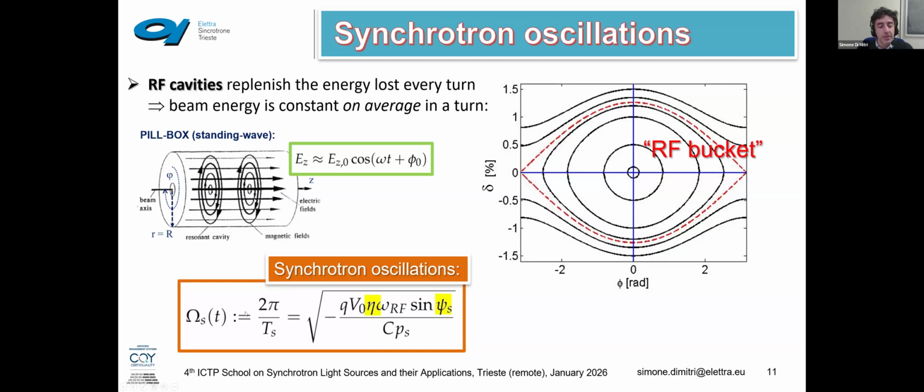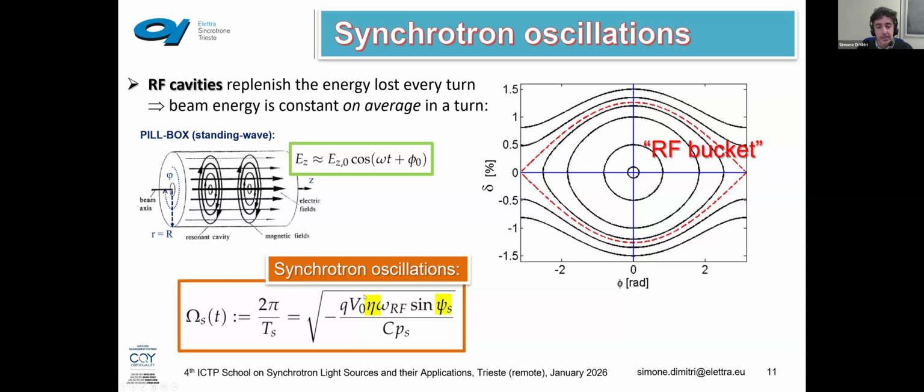This oscillation can be parameterized through an angular frequency of oscillation, which is written here. I don't want to enter into the physical explanation of all the details of this expression, but you see in yellow two highlighted parameters. One is the choice of the phase, φ_s, which has to be made in order to synchronize the cavity with the particles.